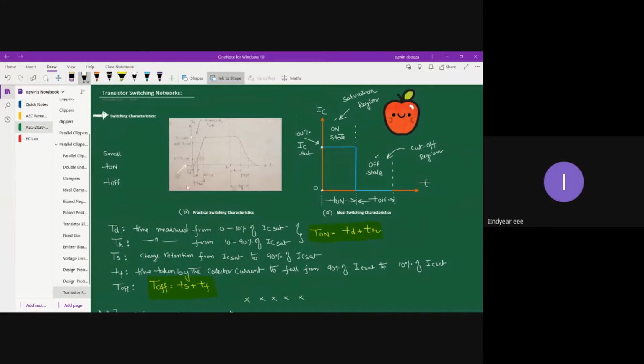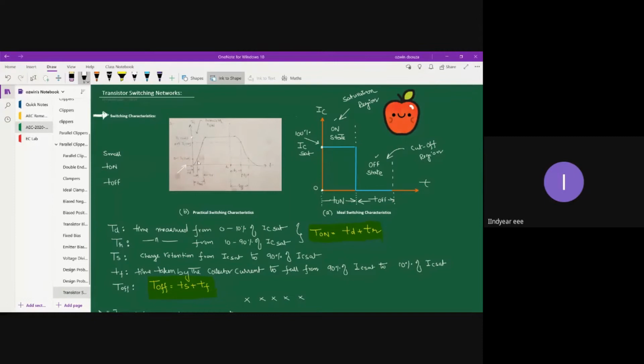The delay time TD is defined as the time taken by the collector current to rise from 0 to 10% of the IC saturation value, so 10% is 0.1 IC saturation. That's your delay time. On the other hand, rise time of the switch is defined as the time taken by the collector current to rise from 10% to 90% of the IC saturation value.